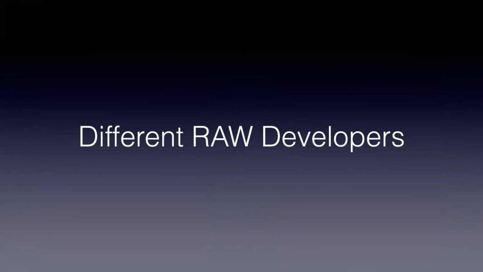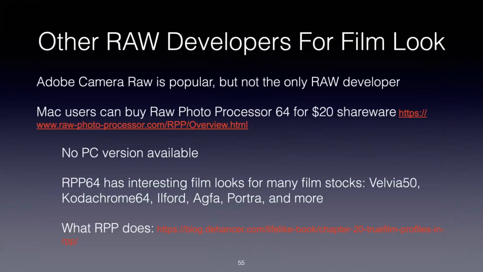There's other raw developers, and I'm just going to touch on one of them here. Adobe Camera Raw, of course, is popular, and it's the same engine that runs Lightroom. For Mac users only, it doesn't work for PC, you can buy a thing called Raw Photo Processor 64. It's shareware, and they ask for $20, and I don't mind that.